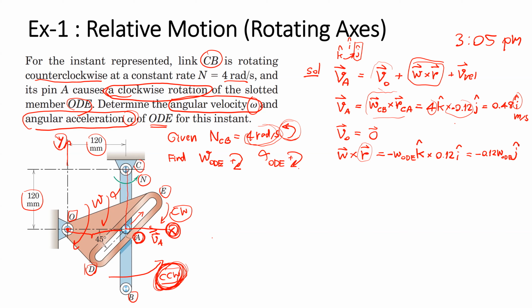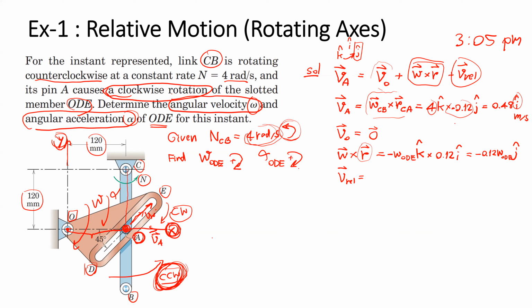How about the relative velocity? The relative velocity with respect to the frame X and Y, we don't know how fast the point A, pin A, moves along the slot.